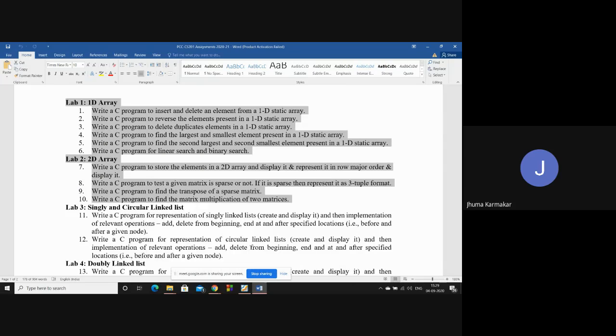Linear search and binary search. How to do linear search? Tell me using a simple explanation. We will run a loop.